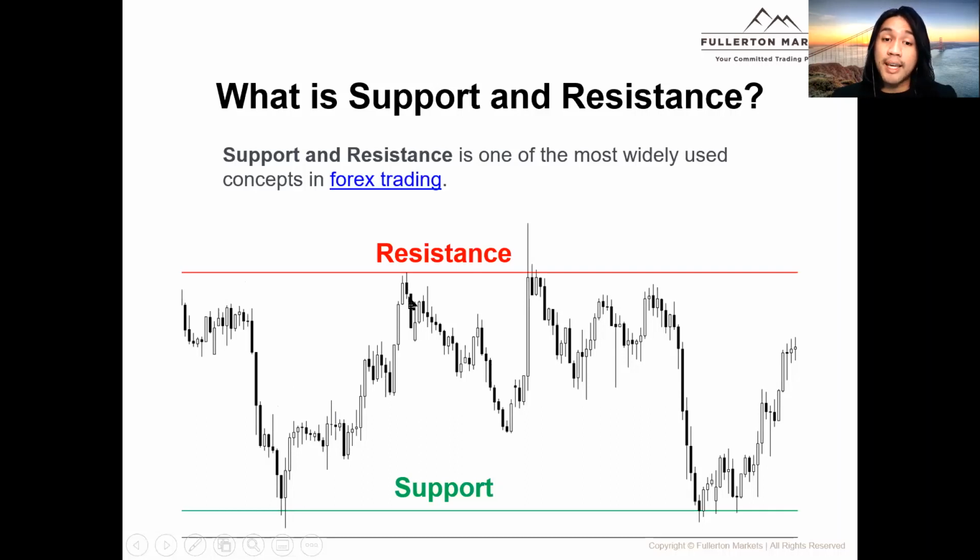However, if prices get high enough, people might start saying, hey, the prices are a bit too high. It might be a good time for me to start shorting or selling. Why? Because when you are shorting or selling in forex, you want to sell at very high points, because you're expecting prices to go down, and you will only profit if prices do go down.